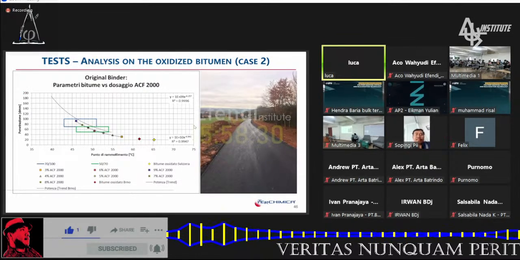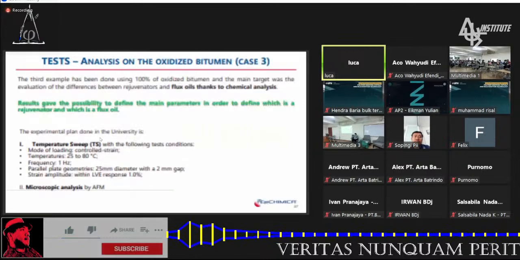Even in this case, they defined the curve, which is this one, and in function of penetration and softening point it is possible to define the behavior of the material in function of the penetration of the oxidized bitumen we have, and what happens when adding the rejuvenator.